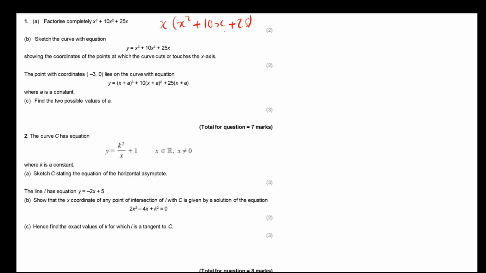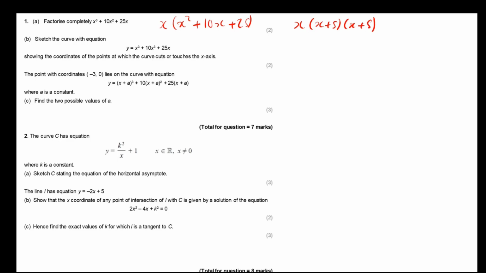Now that can be factorised, and that's just going to be x plus 5, x plus 5, and we are done with the first 2 marks. Yeah, I don't think we did.